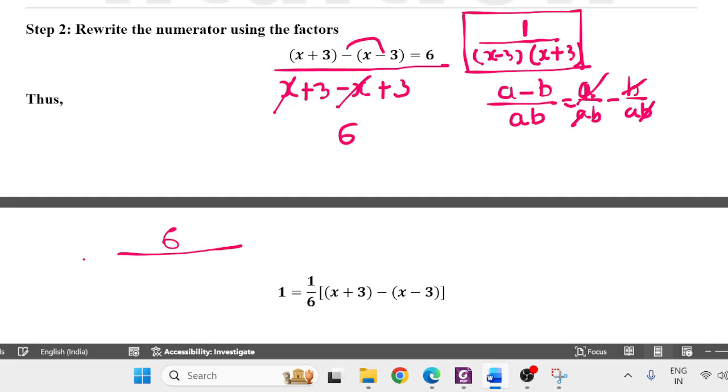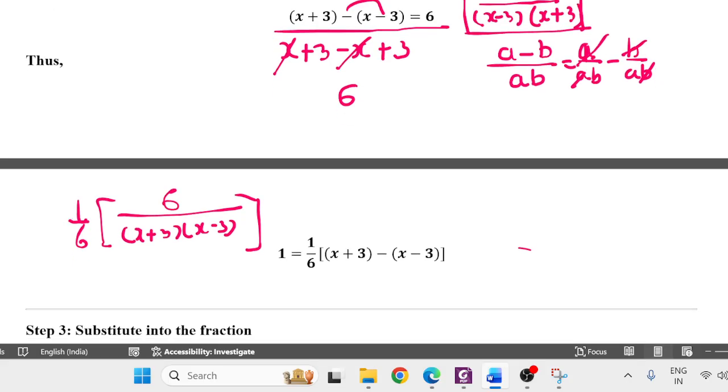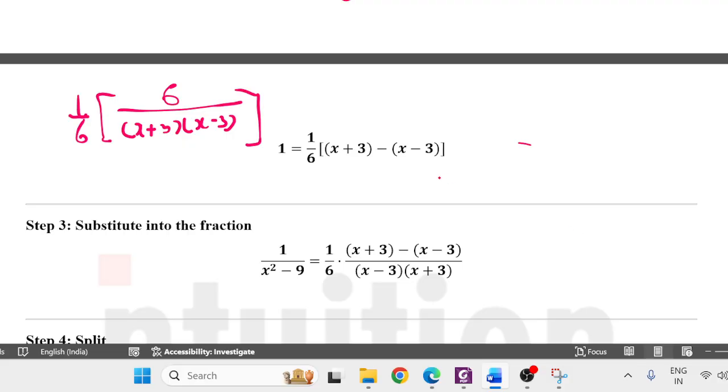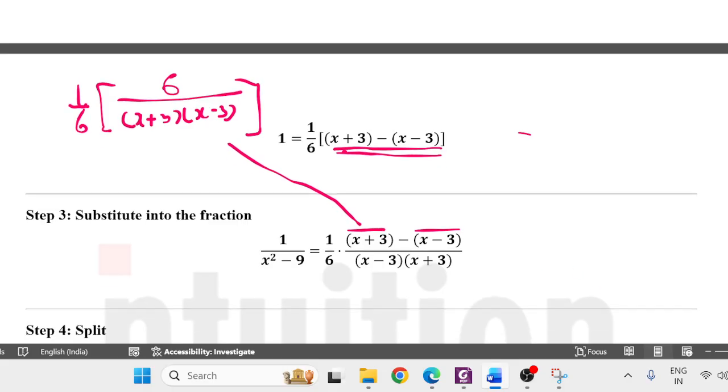Outside we can write 1 by 6, and the numerator we can write as x plus 3 minus of x minus 3, over x minus 3 into x plus 3, which is the 1 by x square minus 9.